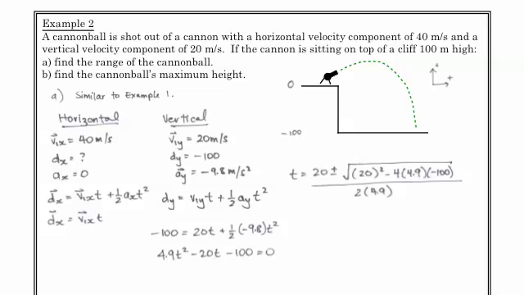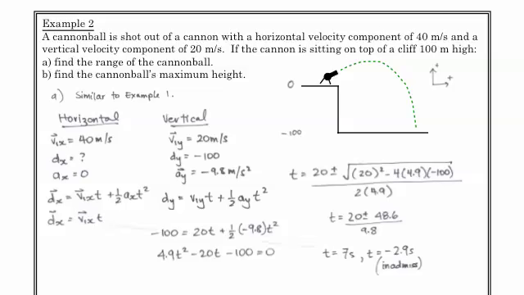And of course that's the quadratic formula, and if you need to remember the quadratic formula, you may have to go and review that, but really that's all it is. It's finding the roots of any quadratic equation. And what we find is, of course, this is going to give us 2 roots. We can continue to simplify, and we find, okay, well, t is either 7 seconds or t is minus 2.9 seconds. Again, the negative time in this case is inadmissible, so we don't need to find it.